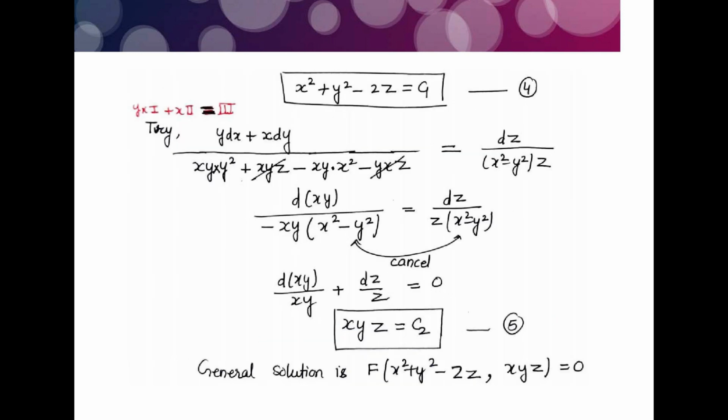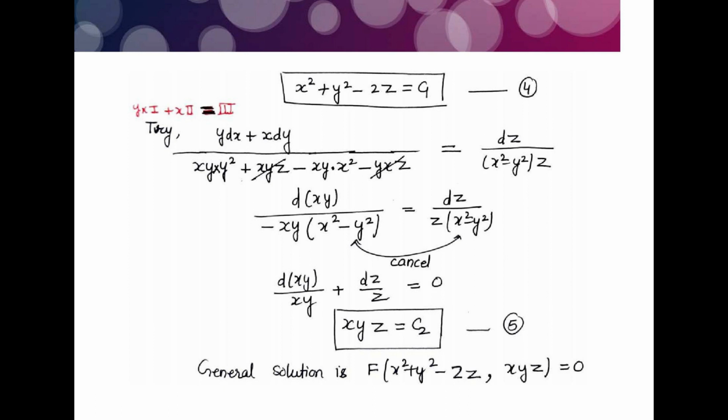Integrate that. We have the first integral curve given by equation number 4, x square plus y square minus 2z equal to c1.